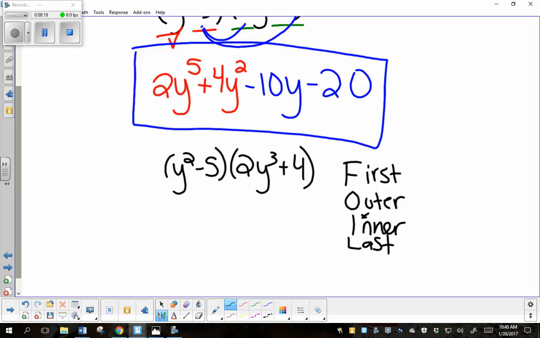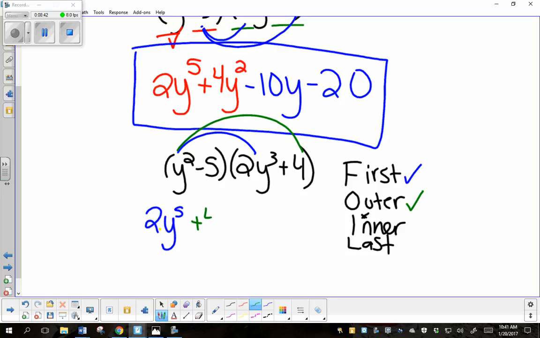It doesn't matter. So what it means is that for the first, you're going to multiply the first term in each binomial. First times first. So y squared times 2y to the 3 is 2y to the 5th. Outer means you're going to multiply the outer term towards the outside in each binomial. So that is y squared times 4, so that's 4y squared.